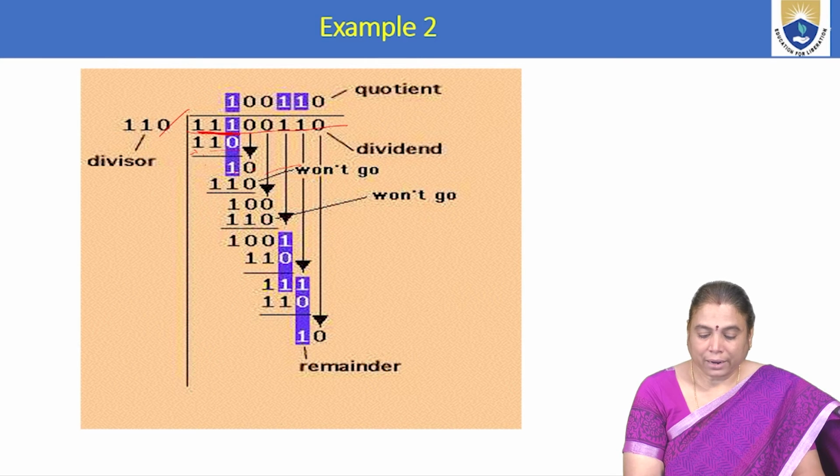And while comparing, the dividend value is less than the divisor. Again, one more 0 can be written in the quotient. So after considering the 4 bits, the dividend value is greater. So a 1 can be copied in the quotient and the divisor value can be copied here and the subtraction made.